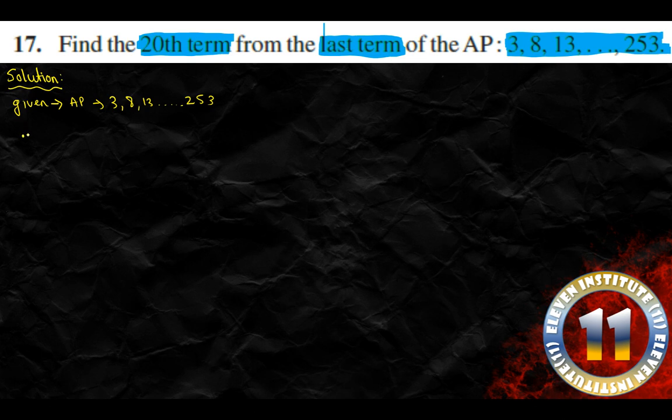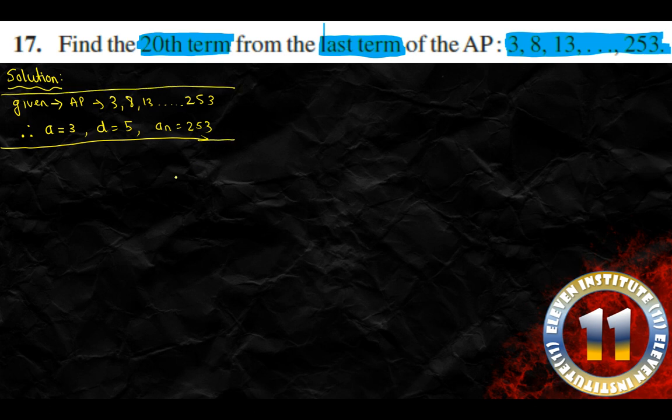So we can write therefore A is equal to 3 and D is equal to 8 minus 3, so that will be 5, and this last term will be 253. We can write AN is equal to 253.